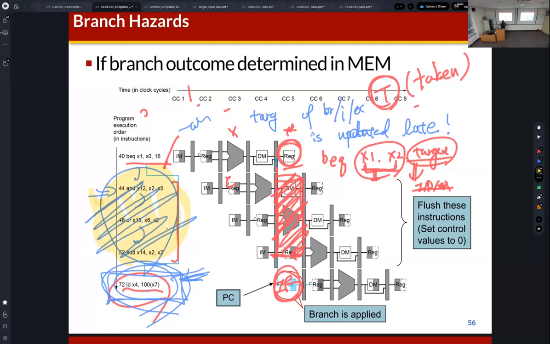When the branch is taken, the correct instruction is fetched, so these instructions need to be cancelled, which is flushed. Okay, do you understand? I will show again.